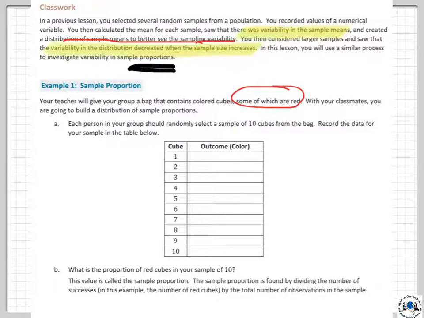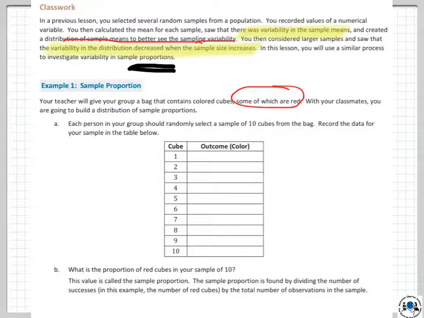With your classmates, you would build a distribution of sample proportions. We're going to do very much what we have done in past lessons. I am just taking some sample data. I am not pulling things out of a hat this time, but I'm going to take the shortcut today.